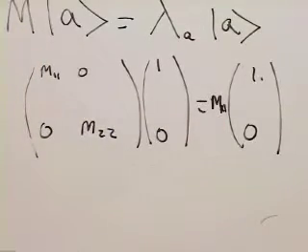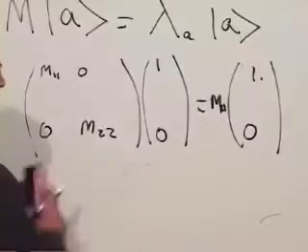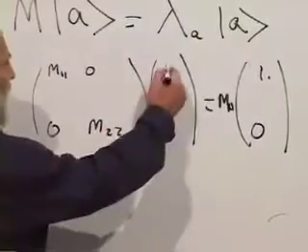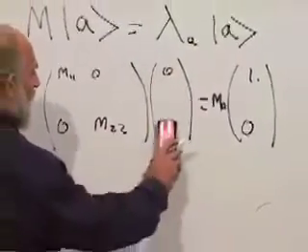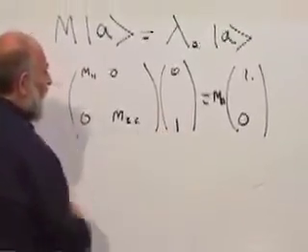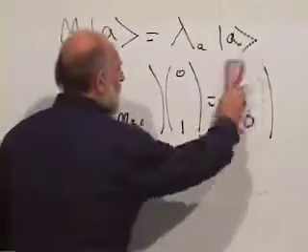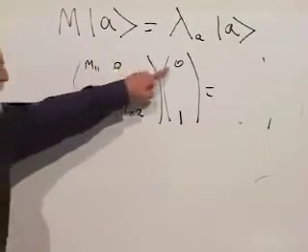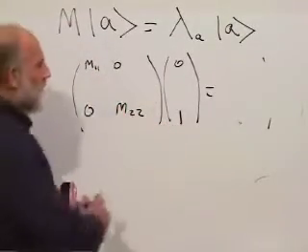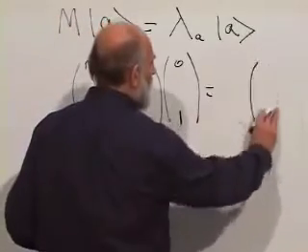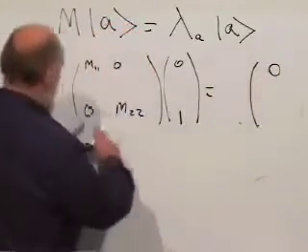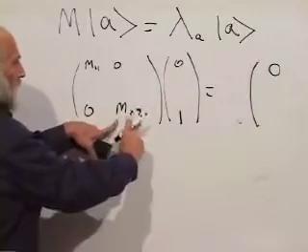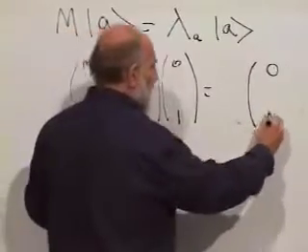There's another eigenvector, and the other eigenvector is to put a 0 here and a 1 here. Let's see what we get. In the top place, we get M11 times 0 plus 0 times 1, which is 0. And then we get 0 times 0 plus M22 times 1, M22.